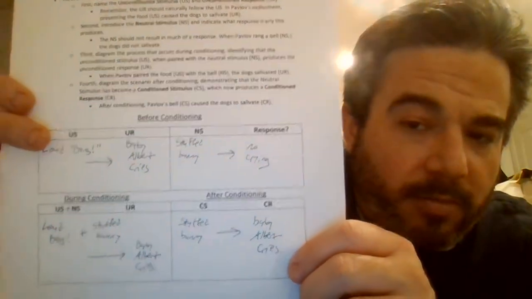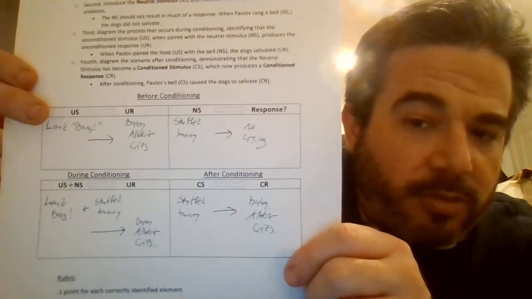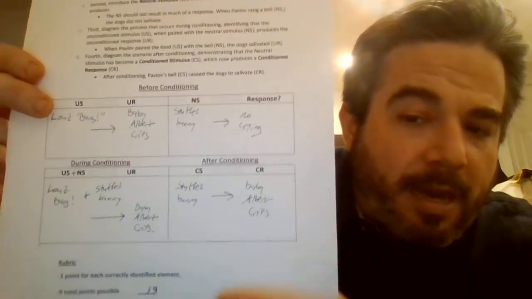In step 3, diagram the process that occurs during conditioning. Look at the top above boxes 1 and 2, it says before conditioning, and above box 3, it says during conditioning. This happens when you pair the unconditioned stimulus with the neutral stimulus in order to elicit the response, which is still the unconditioned response.